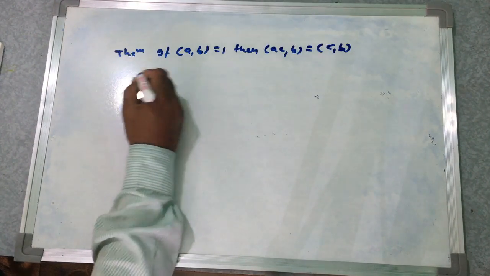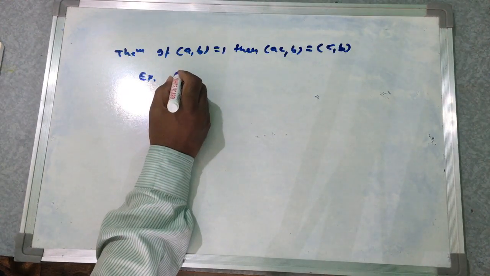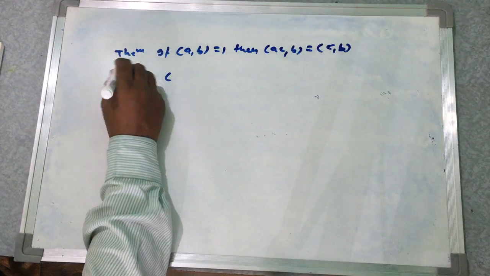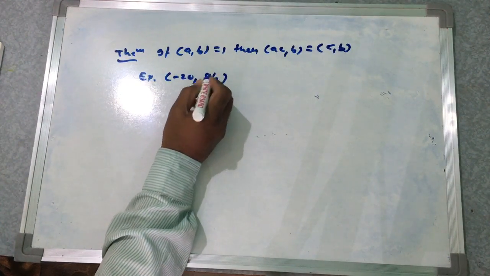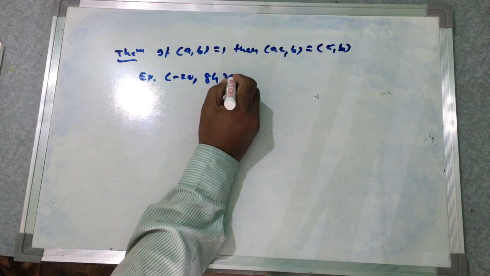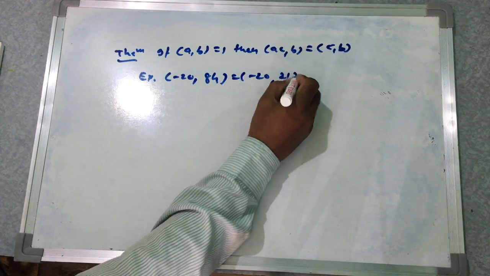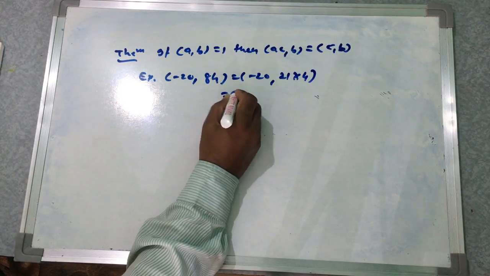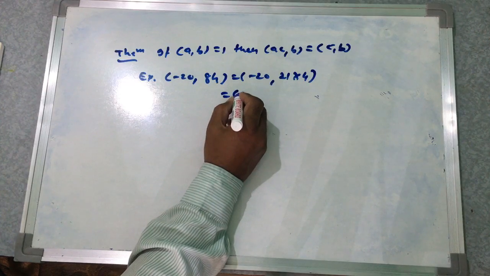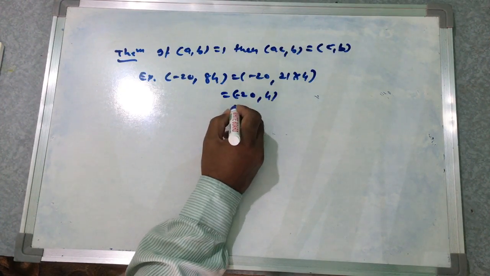So example for this, minus 20 and 84, we have the result minus 20 and 4.